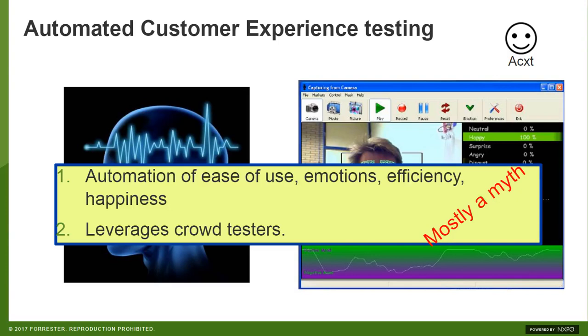If you couple that now with visual emotion recognition using deep learning, which recognizes how your facial expression is changing based on how you're using the application, you can actually get a good idea of the user experience that customers are going through in using that application. Now, this is mostly a myth.